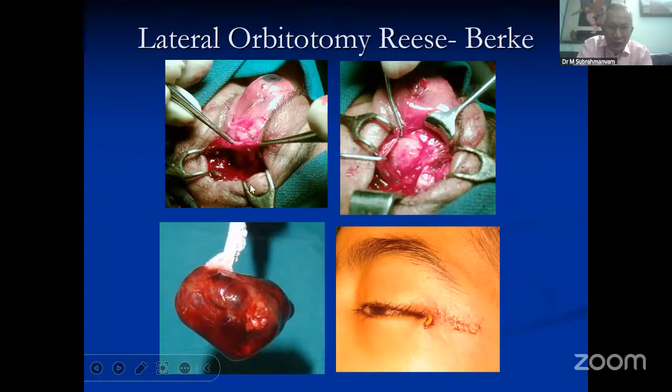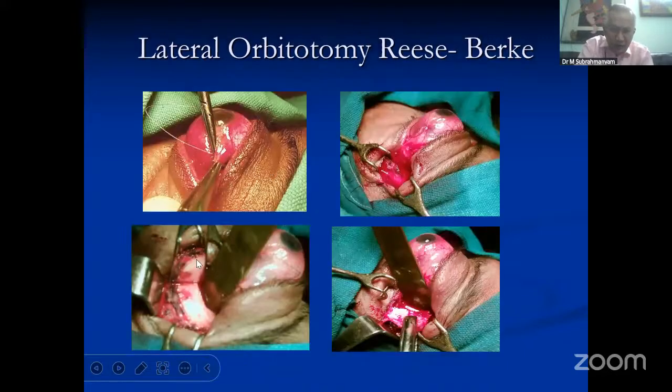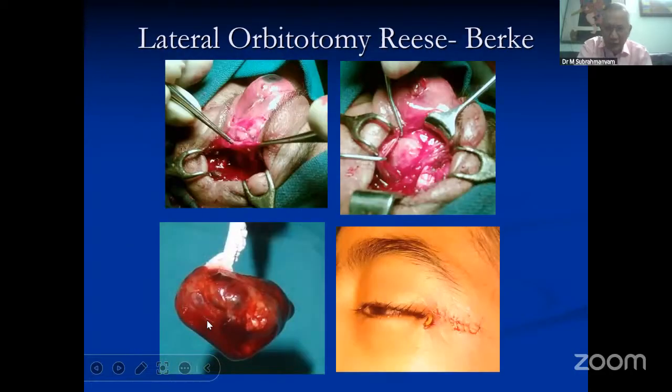Then suture the periosteum, put back the bone, drill 2 small holes in the bone that you have removed, and also make 2 small holes here and here in the remaining parts. Put the bone back and tie it with non-absorbable 4-0 Prolene sutures.